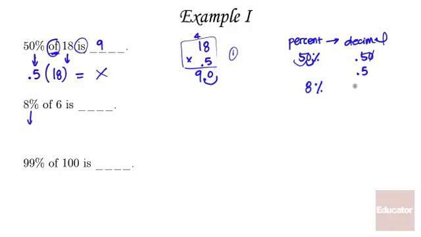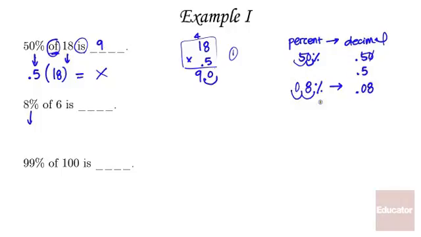So here, 8% from percent to a decimal. Again, you're going to start right here. You're going to move 2 spaces to the left. You're going to go 1 and 2. So point. There's an empty space right here, so then you have to fill it with the 0, 0, 8.